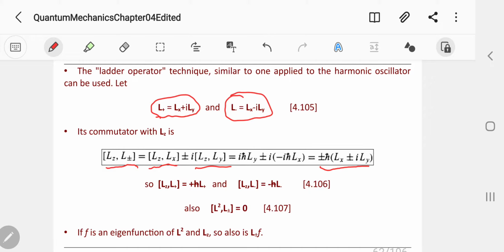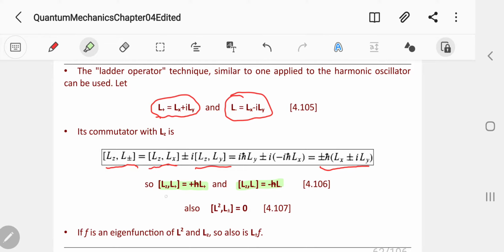So [Lz, L plus] is equal to h bar L plus, and [Lz, L minus] is negative h bar L minus. That is the commutator.